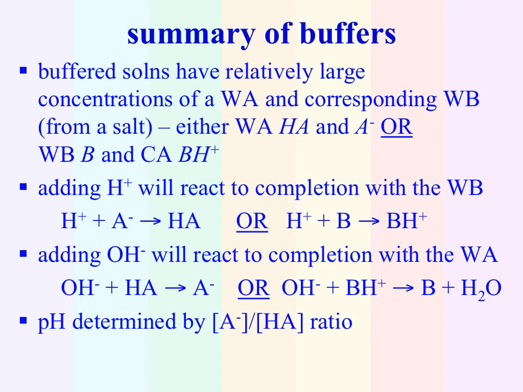In that same way, if you add hydroxide ion, the weak acid that's present is going to step up and interact with the strong hydroxide base and subsequently produce a less basic component that allows you to overcome the large changes that would normally occur in just a pure water situation.